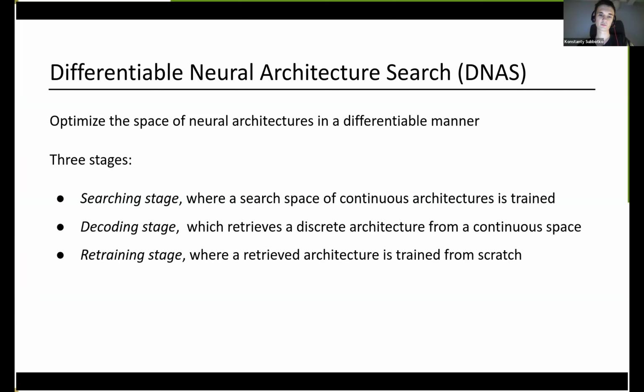The searching stage, where we optimize over this differentiable search space and try to find an optimal continuous architecture. Then the decoding stage, where we discretize the continuous architecture. And then the retraining stage, where we take this discrete architecture and train it from scratch for a longer time.